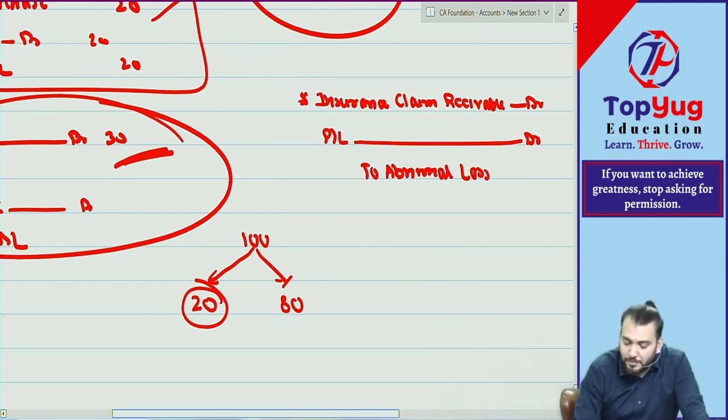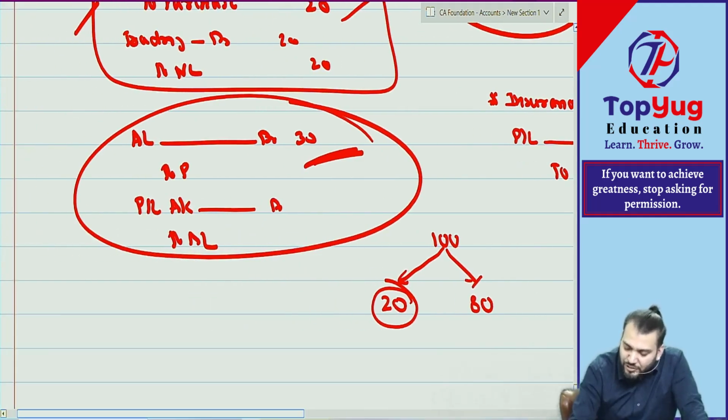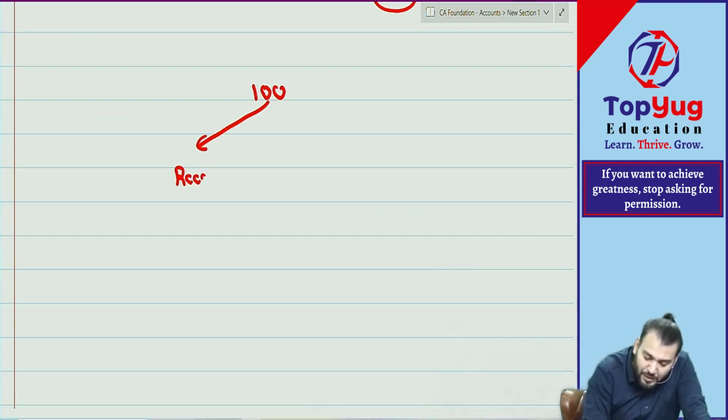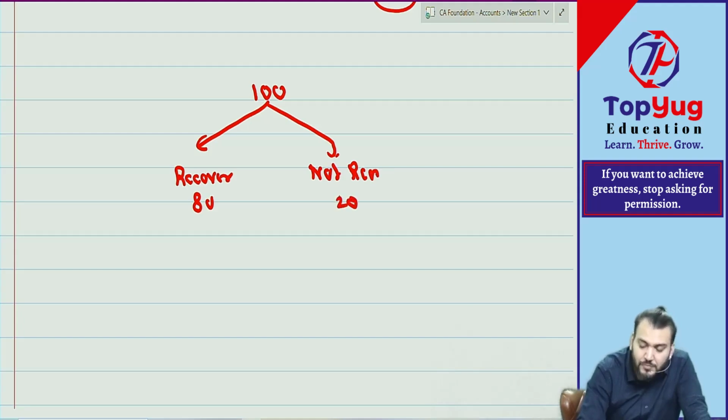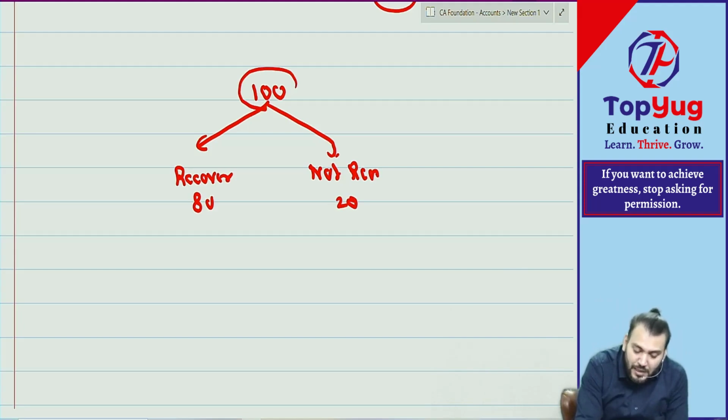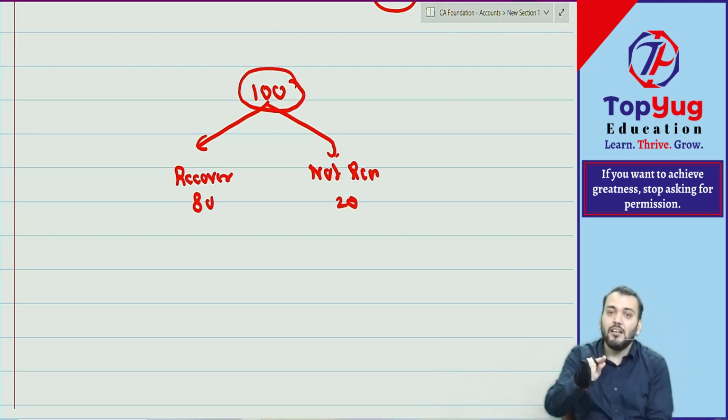Written means just try to understand. Suppose the amount of loss is 100, recoverable is 80, and suppose not recoverable is 20. So tell me, this 100 effect will come in trading, PL or balance sheet?